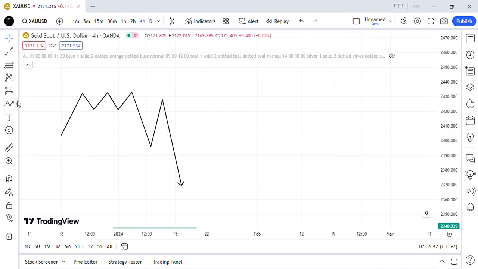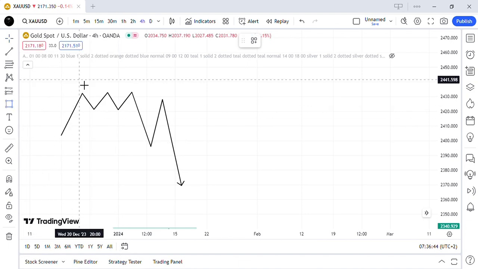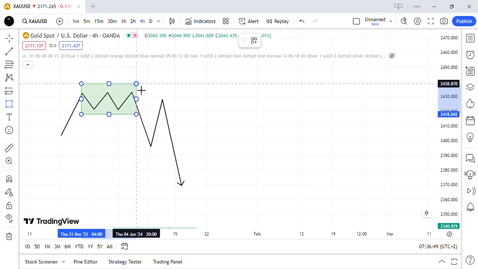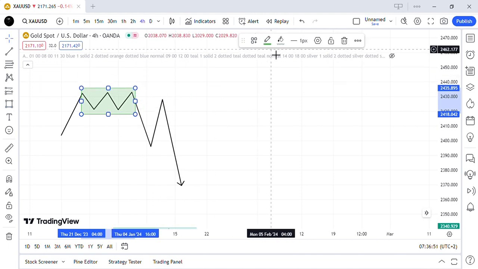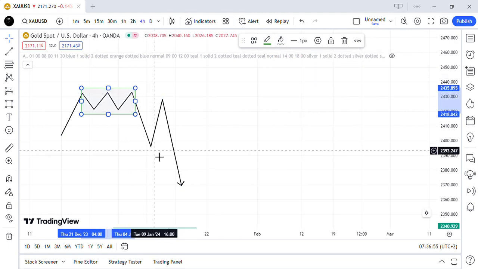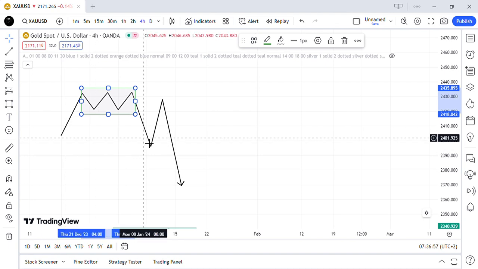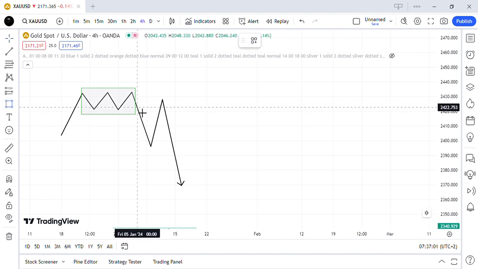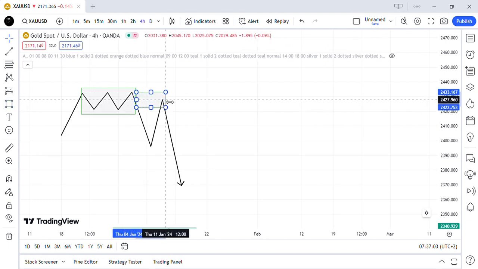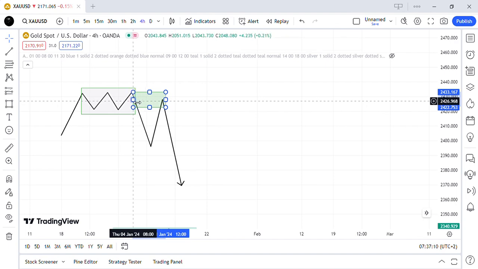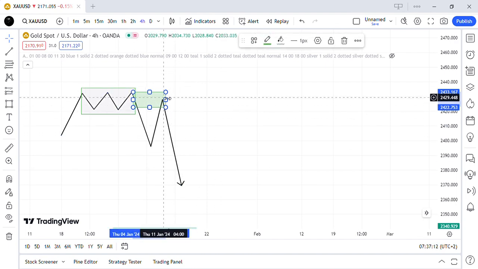First thing, consolidation. Consolidation, expansion, break the structure, right? Broke the structure, retracement, then fill the imbalance, then it's done.